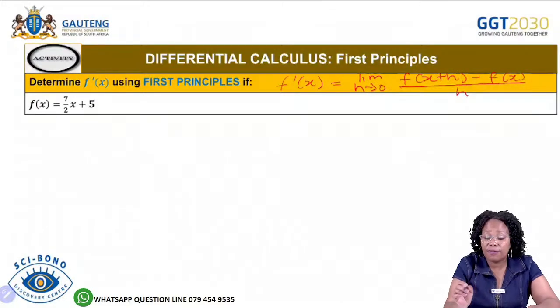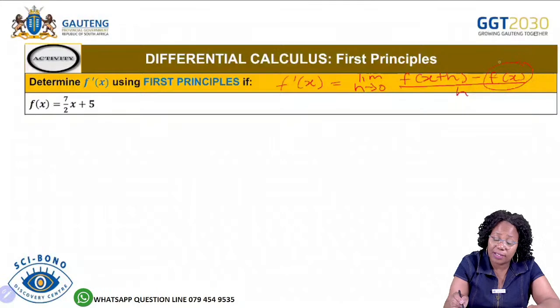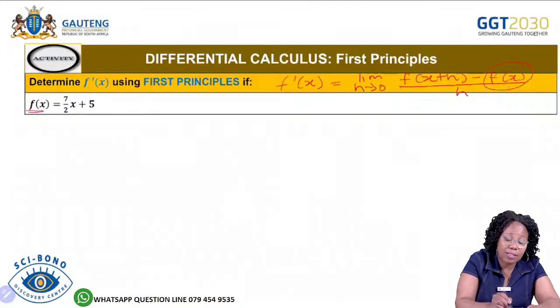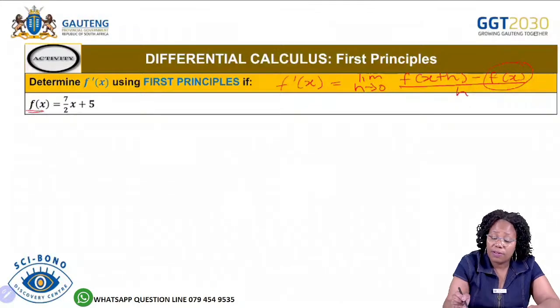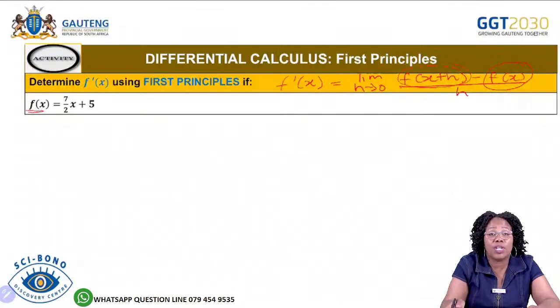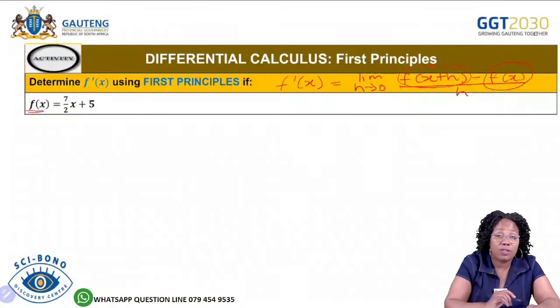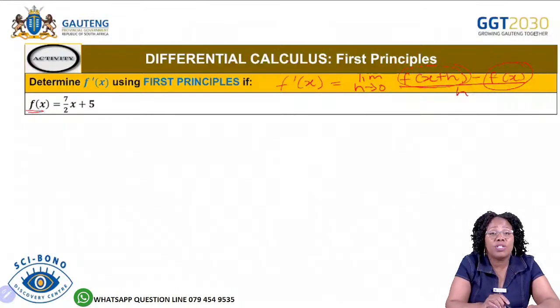Now, if you look at this formula, you need f at x, which is the one that is given to you. And if you continue there, you can see that you also need f at x plus h in order to answer that question. So now the question says determine f derivative of x using the first principle.